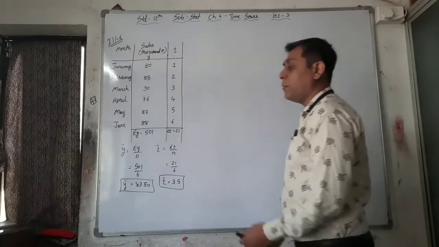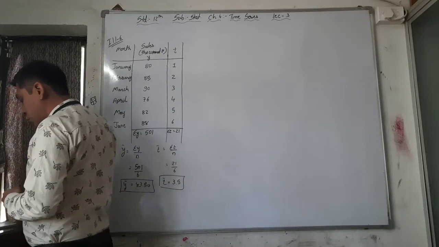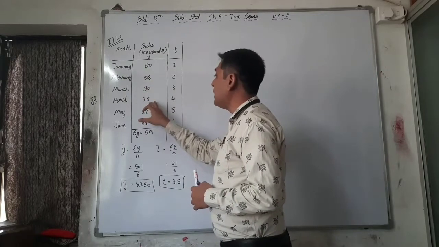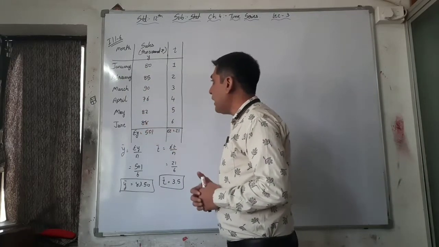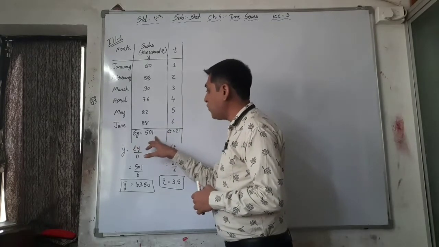So first of all, start the question. Months January to June are given. Then the data of Y: 80, 85, 90, 76, 82 and 88. Now the total, sigma Y, is 501.